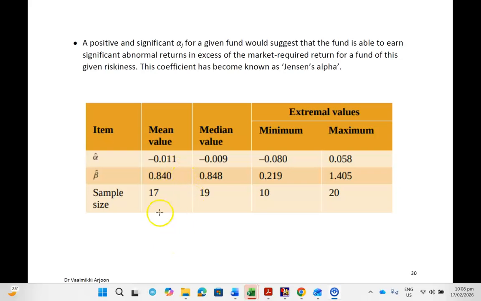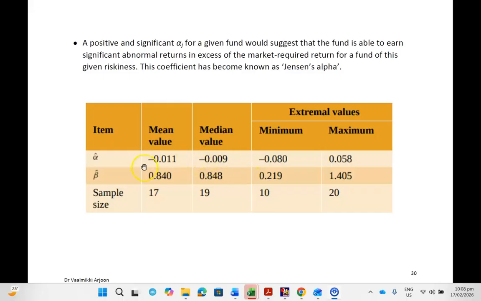So we don't have the results for all 115 mutual funds, but this is giving us the average of the alpha values and the beta values calculated for the funds. Now the average of the alphas was negative 0.011 and negative 0.009.